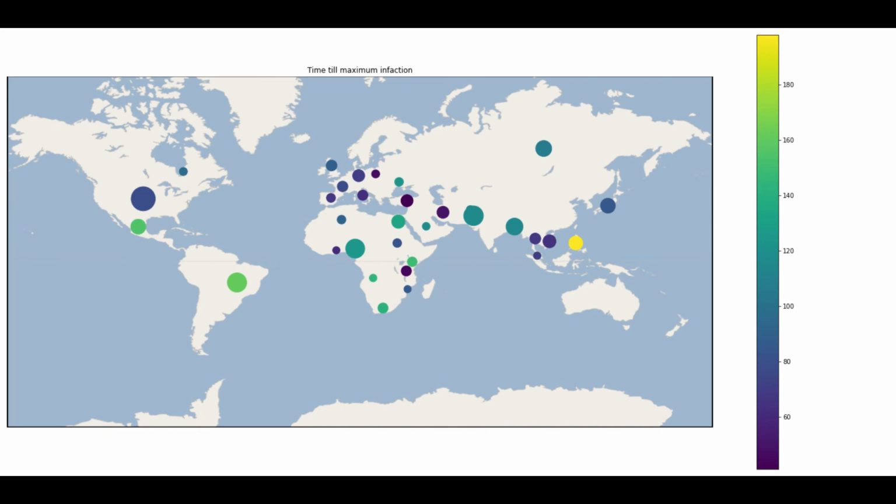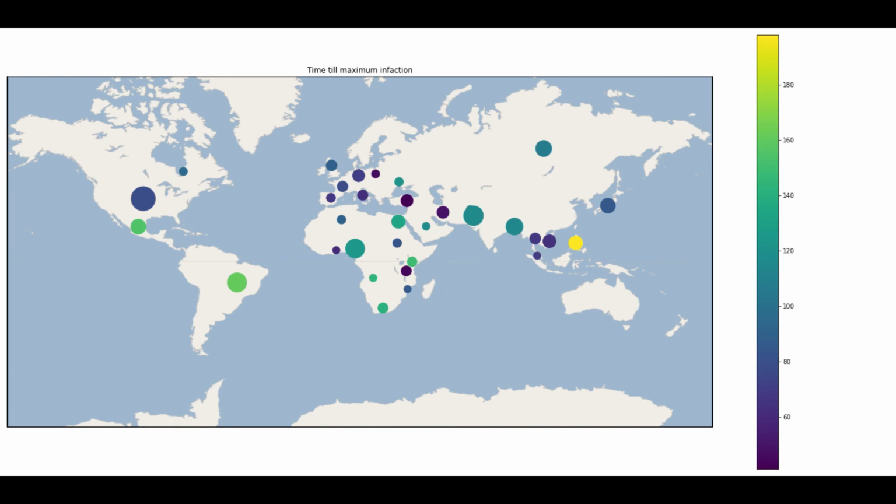So in general, what we see here is there's a relatively quick point of time between the beginning of the infection and when the first maximum occurred in North America and Western Europe, and also in Southeast Asia, with the exception of the Philippines, also a relatively short amount of time.